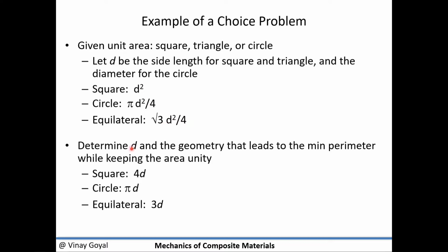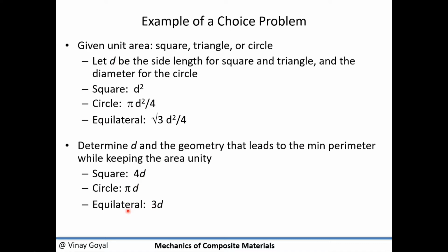But the question is, determine D, but also find which of these three geometries leads to the minimum perimeter. Which of these geometries will satisfy the unit area question, but also gives the minimum perimeter? You probably know the answer by now. For the square it is 4D, for the circle it is pi D, for the equilateral triangle it is 3D. Now, notice how we're forcing ourselves to choose one of these three.